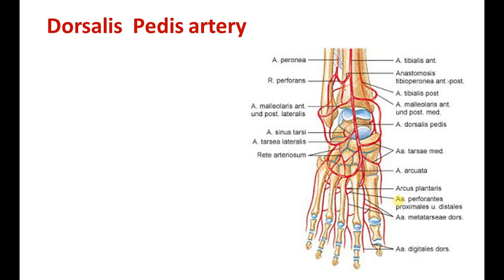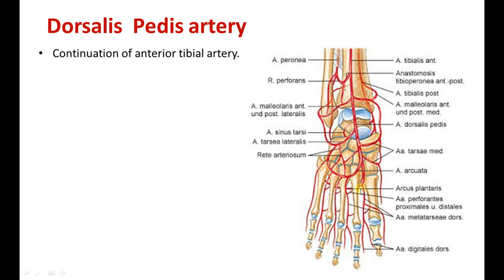Okay. So next, coming to the dorsalis pedis artery, it is the artery which is present on the dorsum of the foot, a continuation of the anterior tibial artery. And then what happens?